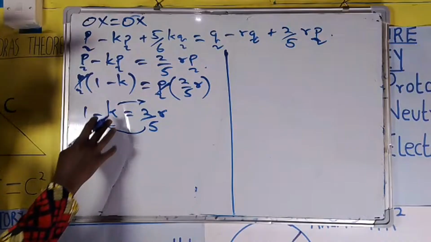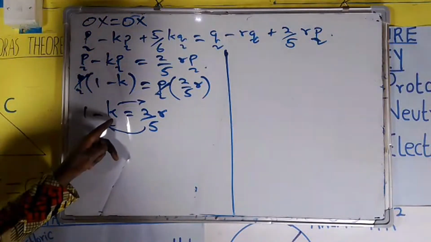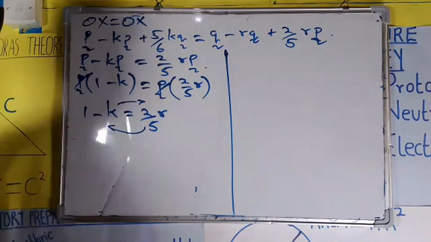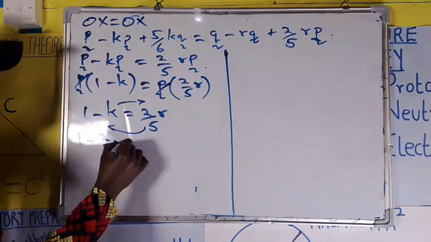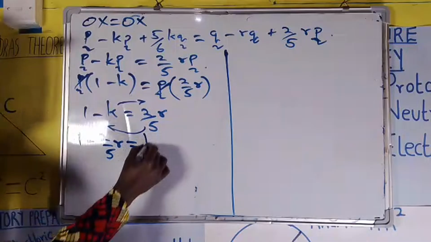It's simpler to make K the subject because it does not require any simplifying. So we will now have 1 minus 2/5 R is equals to K.